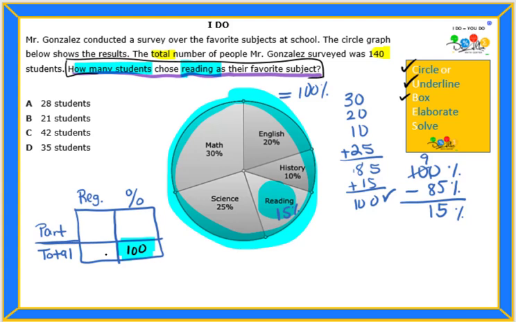Now the percentage that we want is the part that we are interested in. In this case, we are interested in the reading part. The part that is for reading is this section right here, and that is 15%.